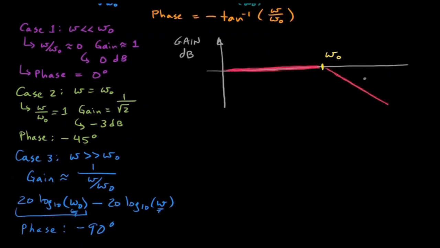Okay, so the slope here is negative 20 dB per decade. All right, and obviously we know really that's not what happens. We actually have a curve here because we actually have to encounter our negative 3 dB point at omega naught. So we're going to come in here with a curve that kind of breaks around this corner.